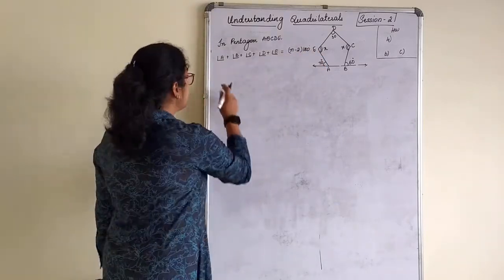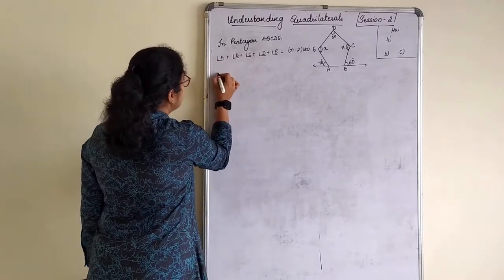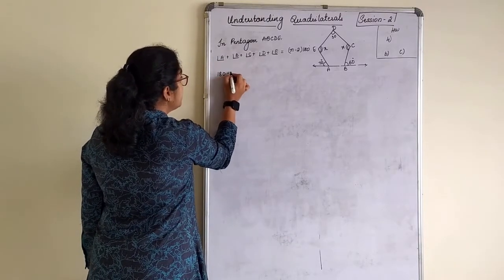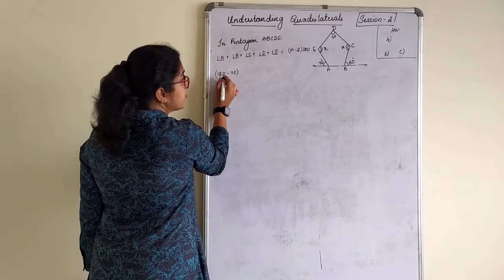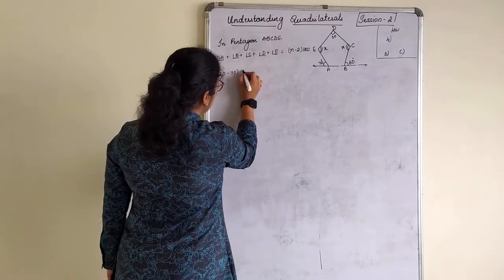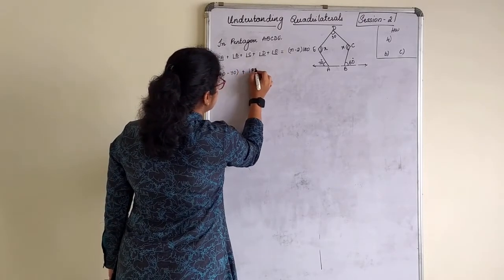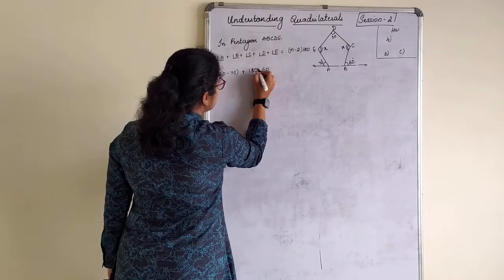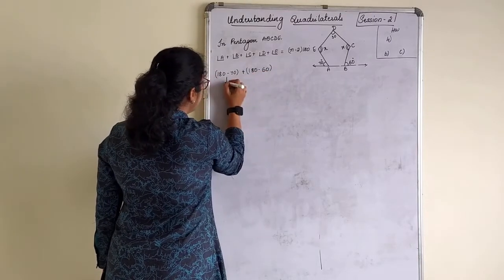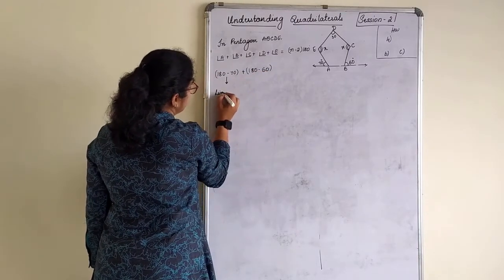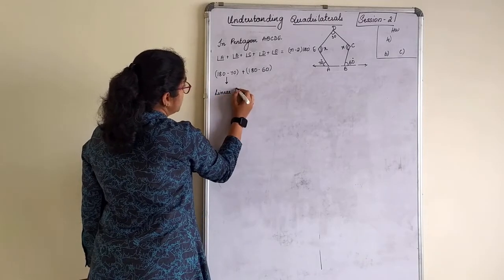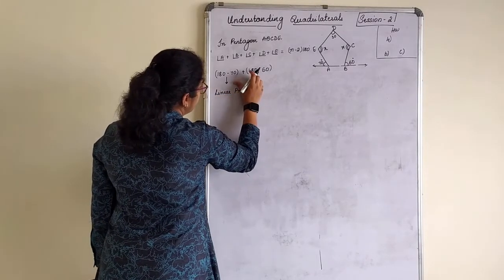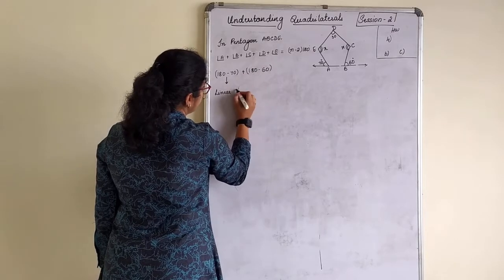We try to prove that here. Angle A is written as 180 minus 70. Write it here. Angle B is written as 180 minus 60. Please mention linear property or linear pair property, you can write.